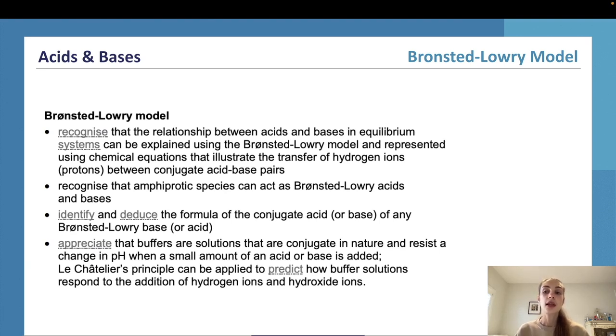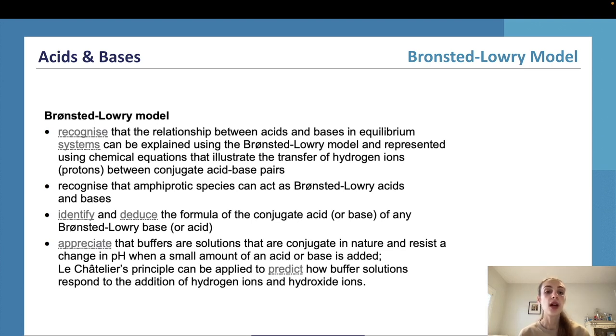So the learning outcomes for this is recognizing that the relationship between acids and bases in equilibrium systems can be explained using the Bronsted-Lowry model and represented using chemical equations that illustrate the transfer of hydrogen ions, so protons, between conjugate acid-base pairs.